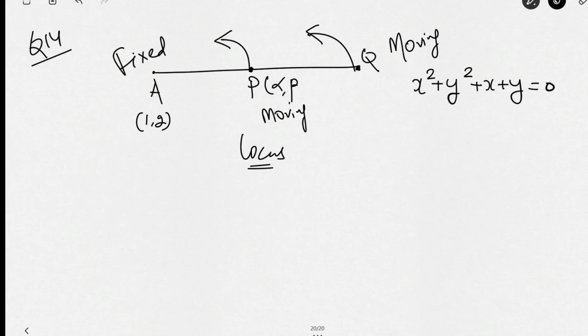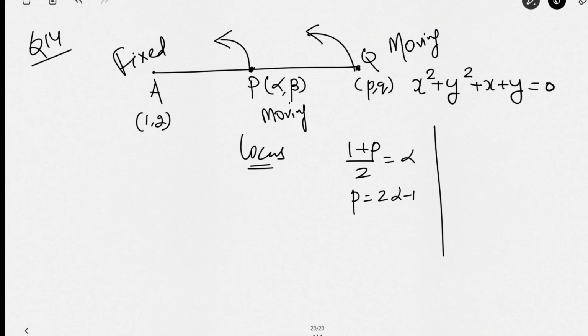Let's keep this as alpha and beta. When this point is midpoint, so let's take this P and Q. That's easy to find. 1 plus P over 2 is what? Alpha. So P is 2 alpha minus 1. And for y coordinate, 2 plus Q over 2 is beta, so Q is 2 beta minus 2. That's just a midpoint formula, right?